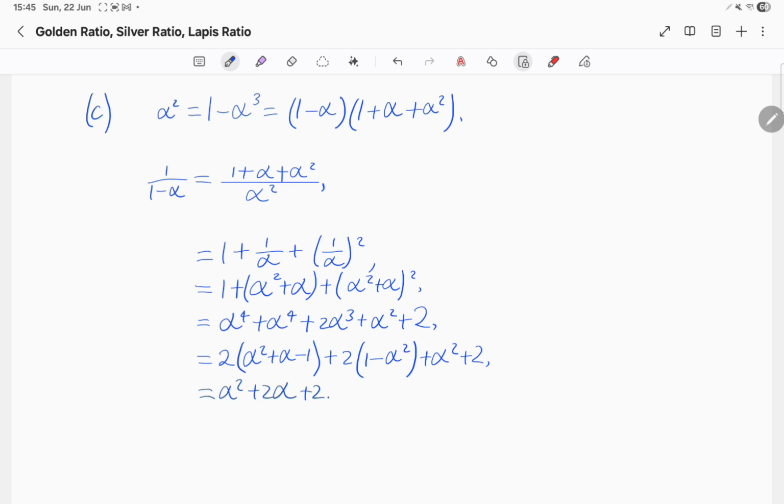This simplifies to 1 plus 1 over alpha plus 1 over alpha all squared, and expanding and simplifying this gives 2 alpha to the 4 plus 2 alpha cubed plus alpha squared plus 2. This can then be simplified down to alpha squared plus 2 alpha plus 2.